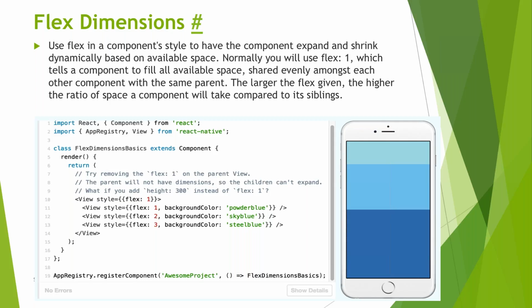Flex 1 means whenever you have to give a flex property to some children of a parent, like in this case, the 3 views inside are children of the outer view, because they're inside it. Whenever you want to give some styling properties to the children, you first have to set the flex property of the parent.